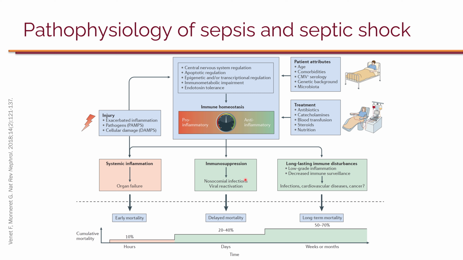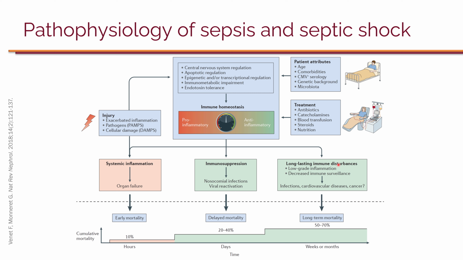And then, of course, there are longer-term consequences. So, weeks or months to follow as the patient even gets discharged from the hospital, there could be a long-term mortality, which can make overall mortality up to 50 to 70%. So this is a very serious condition.